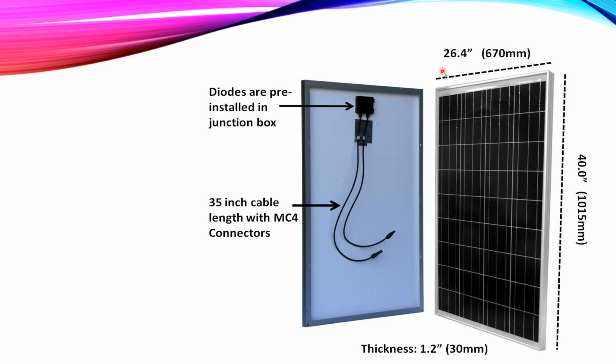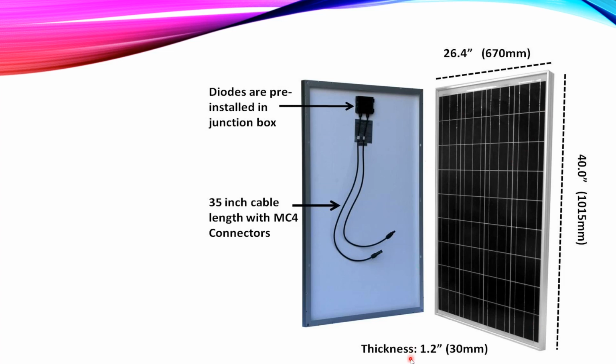You need to know the length or width, height, and thickness because when we install on a roof, we need to understand the amount of area available, and when we know the area available, we will know the amount of energy which we can generate.